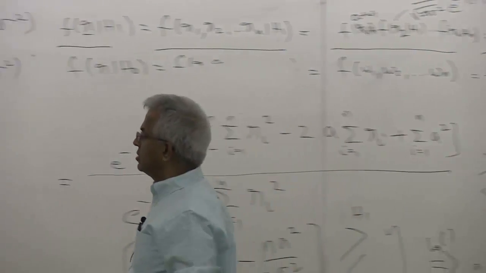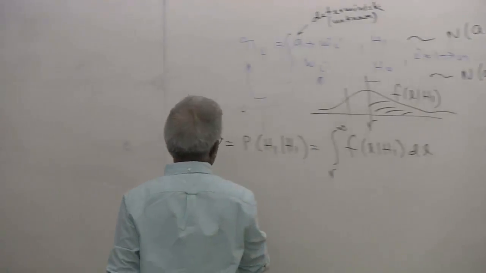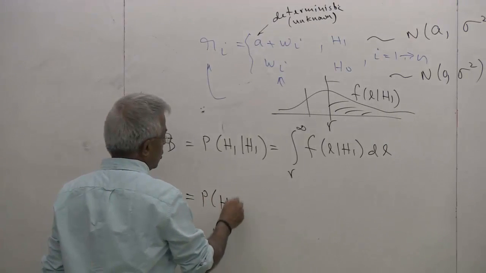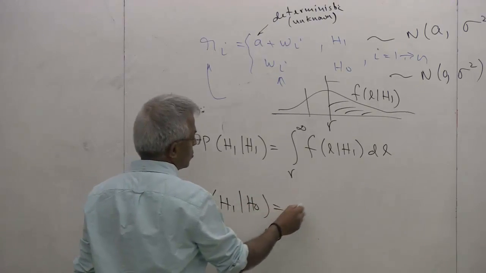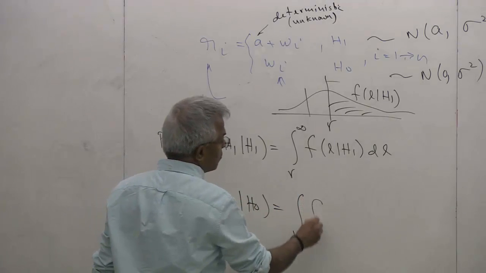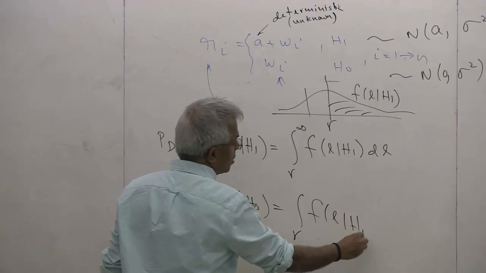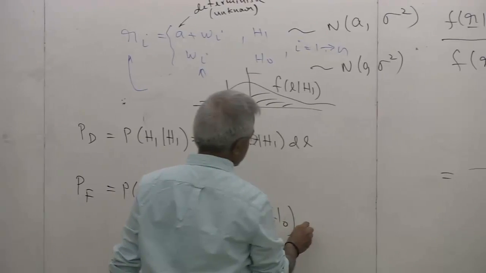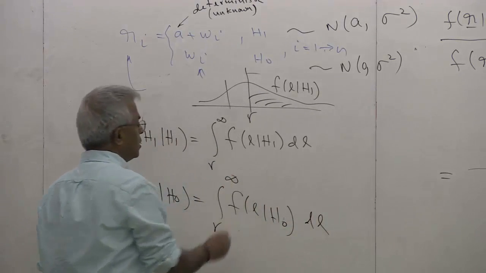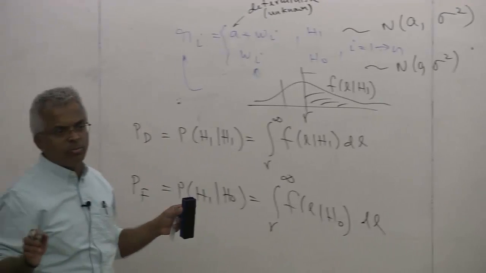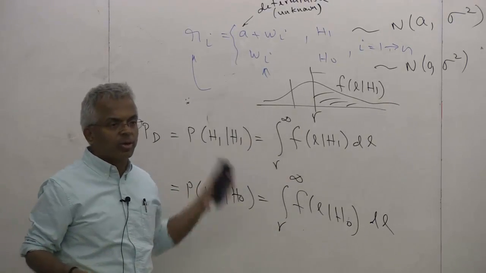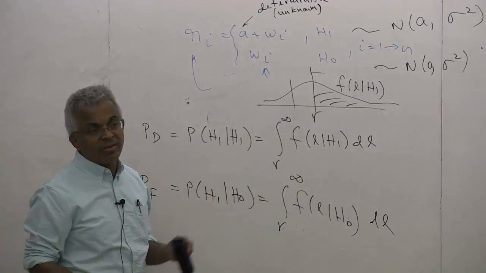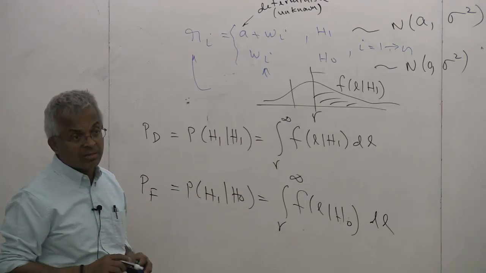So probability of false alarm is also deciding in favor of H1 when H0 is true. So that's gamma. When H0 is true, if L exceeds gamma. Remember I write this fast, I hope you understand, I'm just going along, but everything is physical, right?